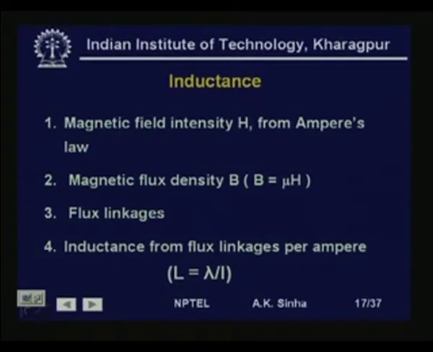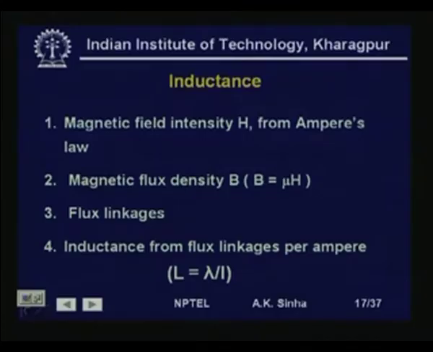So, permeability for these conductors is the same as that of air, which is equal to 4 pi into 10 to the power minus 7. Now, once we have calculated flux density, we can calculate the flux linkages for the current which is flowing in that conductor, and finally, we can find out inductance from the flux linkages, as inductance is equal to flux linkage per unit current.